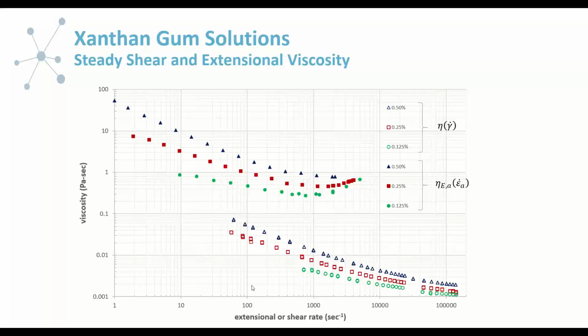So up here is extensional viscosity as a function of extensional rate, and down here is steady shear as a function of shear rate. What we see is that the extensional viscosity is higher than the steady shear, and this is a well-known feature: the stress response to an extensional deformation is higher than the stress response to a steady shear deformation.